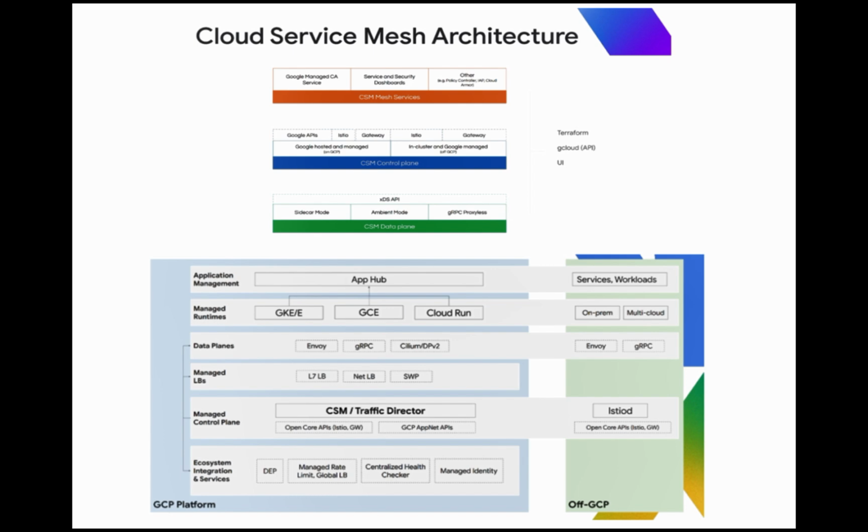One key thing you have to understand here: when you implement Cloud Service Mesh, by default, for all the Google Cloud environments, the control plane implementation type will be Traffic Director, even though it's deployed for Istio based applications. Whereas in case of off Google Cloud, your control plane implementation type would be IstioD, leveraging the open source IstioD.